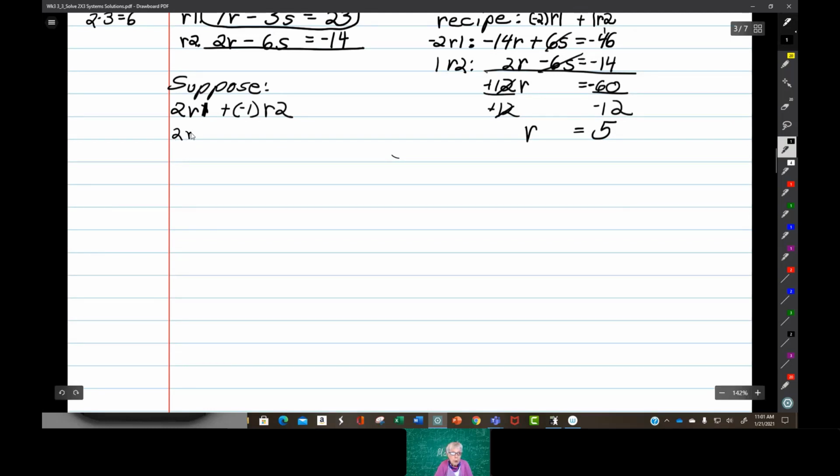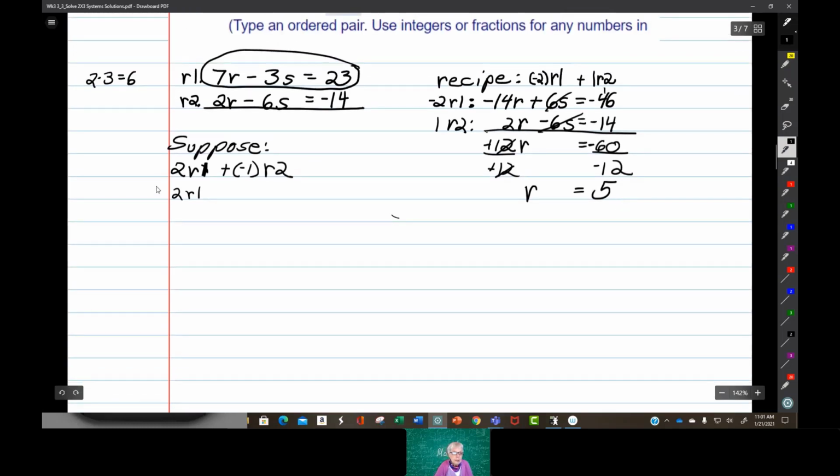2 times row 1, let me roll this down a little bit. 2 times row 1 is going to equal 2 times 7R, which is 14R. And 2 times negative 3S, which is minus 6S, equals 2 times 23, which is 46.